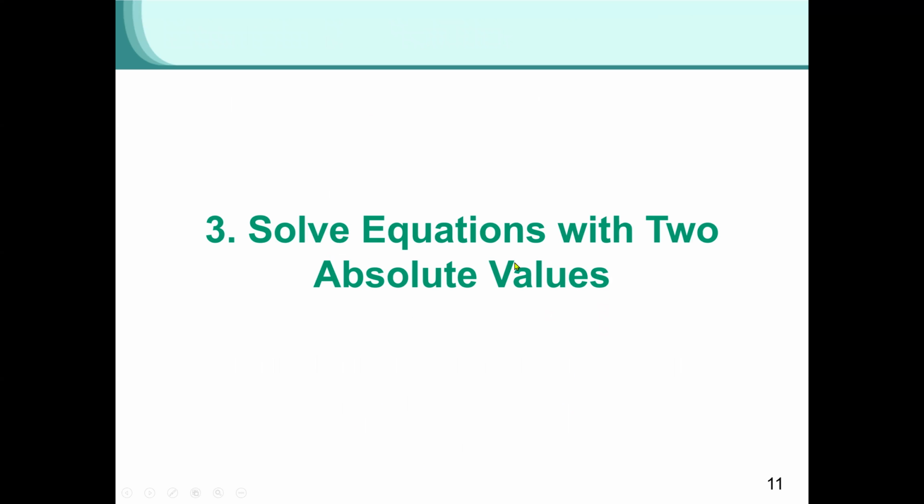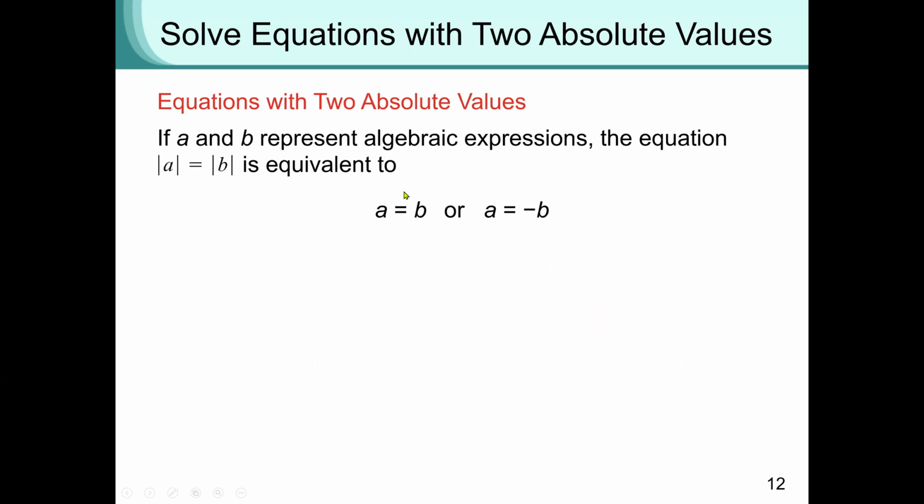Now let's solve an equation with two absolute values. So here we said that if we have a and b that represent algebraic expressions, the equation absolute value of a equal to absolute value of b is the same as writing a equal to b or a equal to negative b, the same rule we had previously.